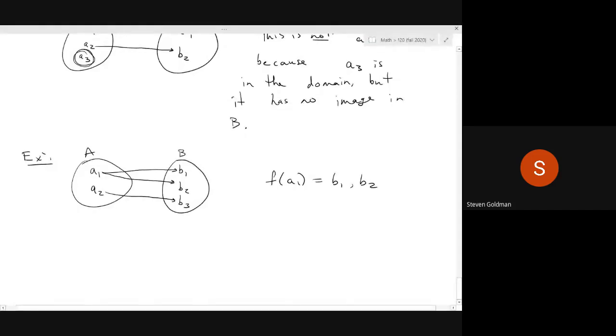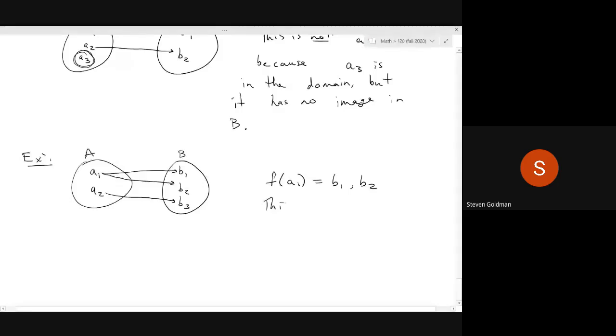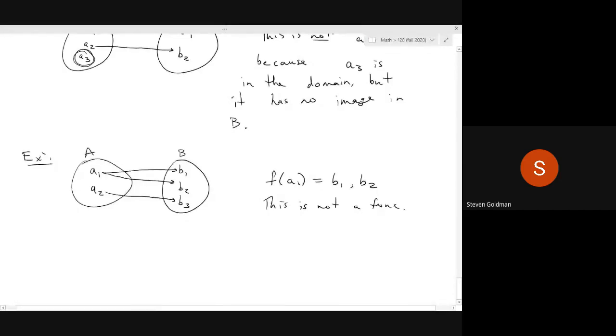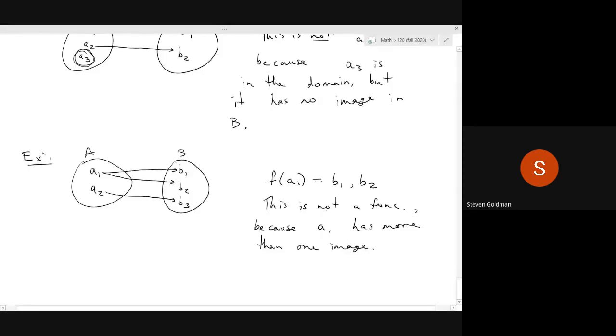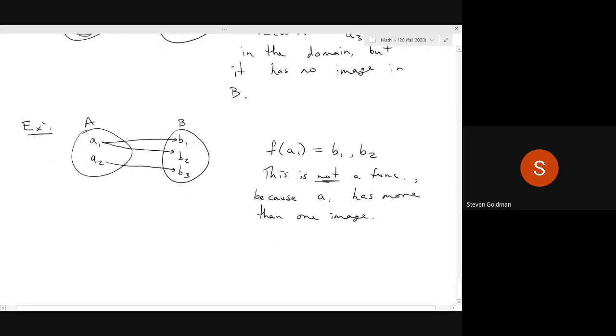If I have one input that can give me more than one output, one element in the domain that is assigned to more than one element in the codomain, then it's not a function. So this is not a function because A1 has more than one image.